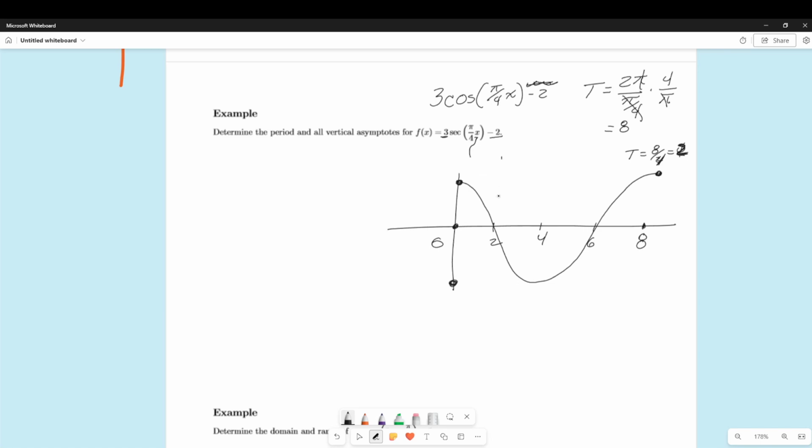So where we cross that midline is where we're going to get asymptotes. So again, what was our period? Our period was 8. Where are our vertical asymptotes? The first vertical asymptote happens at 2.